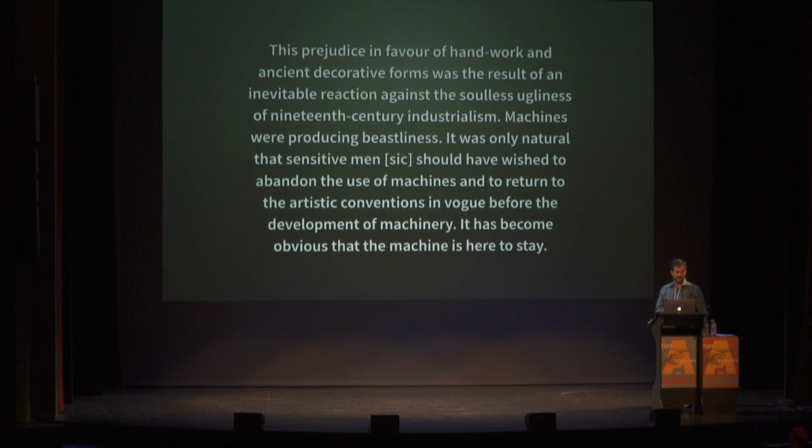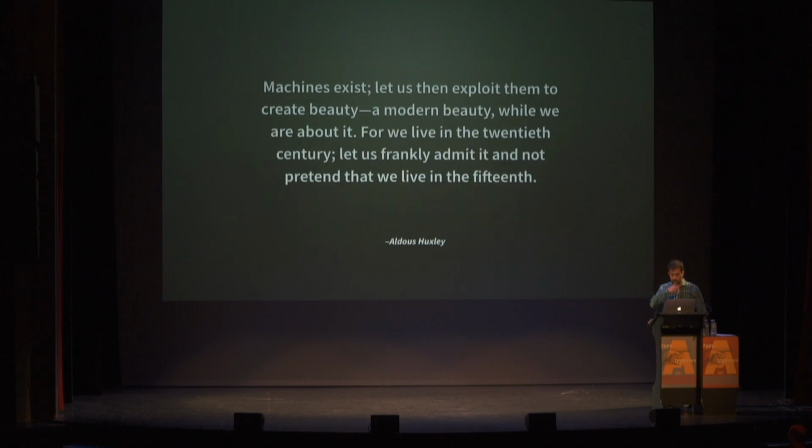Machines were producing beastliness. It was only natural that sensitive people should have wished to abandon the use of machines and to return to the artistic conventions in vogue before the development of machinery. It has become obvious that the machine is here to stay," so we can use the word computer there, perhaps. And then later in the essay, "Machines exist. Let us then exploit them to create beauty, a modern beauty, while we are about it, for we live in the 20th century. Let us frankly admit it, and not pretend that we live in the 15th."